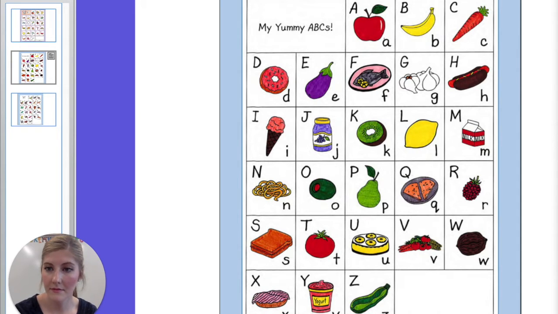I see a hot dog. I didn't know hot dogs start with H. Okay, so we are noticing that each of these pictures are food items, and we can find out more about what different things start with that letter, just like Zipporah said. I didn't realize that hot dog started with H.